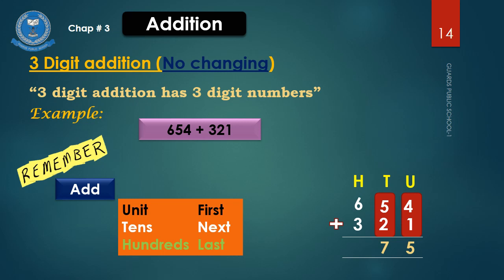And last, we add the digits of the hundreds column. That is 6 plus 3 is equal to 9. Therefore, 654 and 321 is equal to 975.